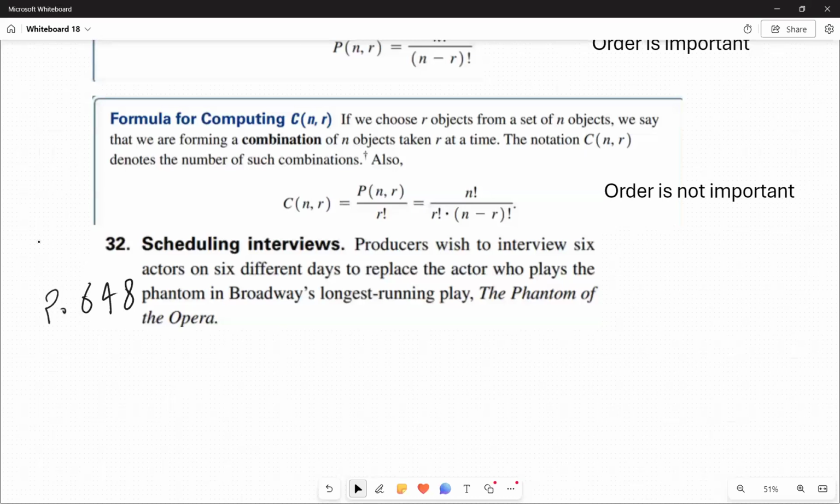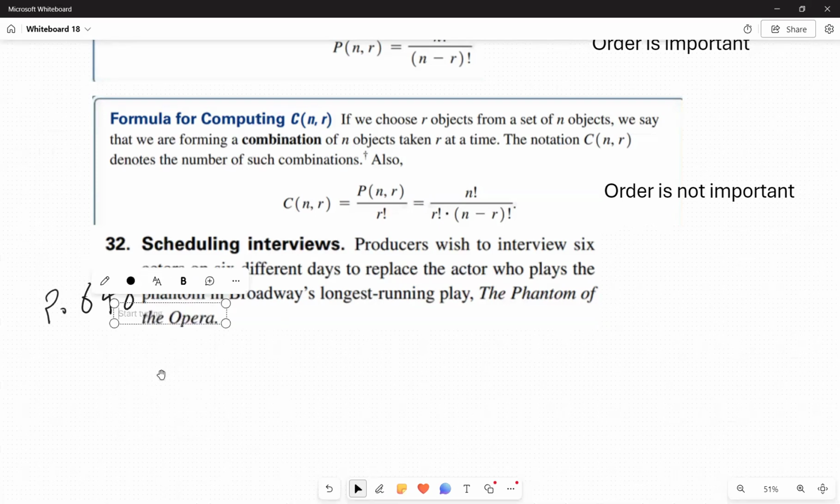Producers wish to interview 6 actors on 6 different days to replace the actor who played the Phantom in Broadway's longest running play, The Phantom of the Opera. So we want to find the number of ways in which the producers can schedule the interviews. And this is going to involve permutations because the order is determined by day.